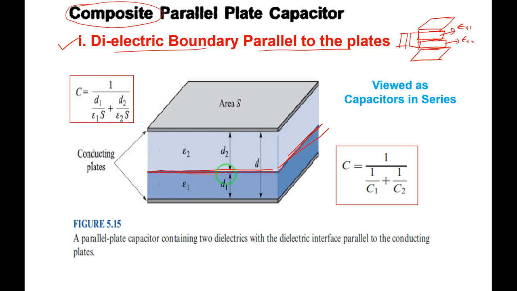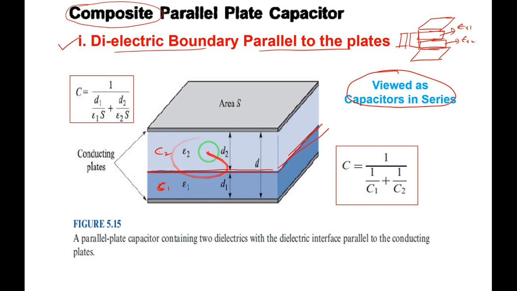If the dielectric boundary is parallel to the plates, we can view this arrangement as capacitors in series. This will form one capacitance, and this will form another capacitor. I will call them C1 and C2.